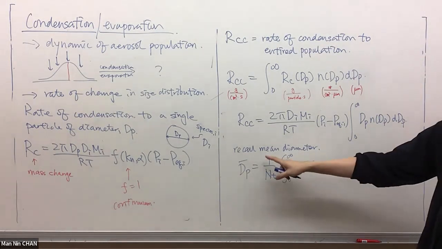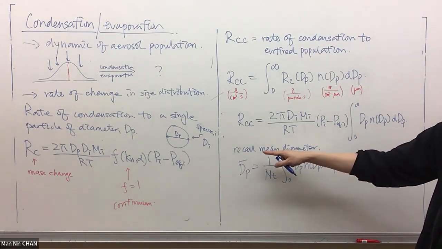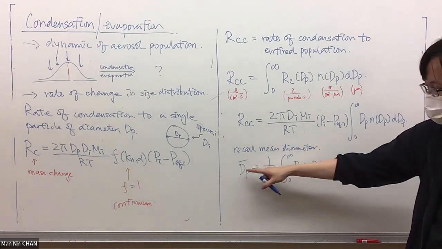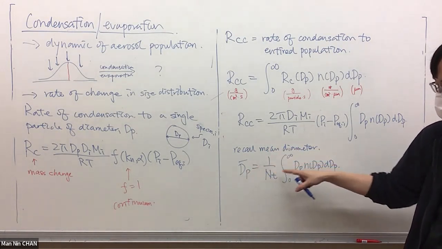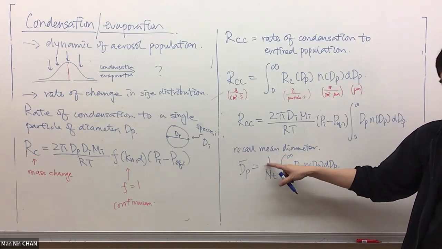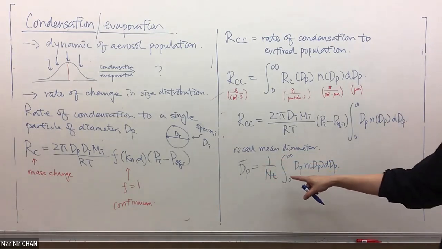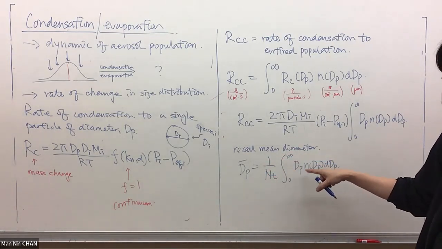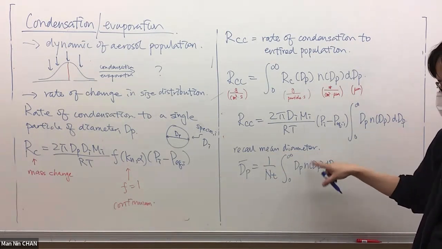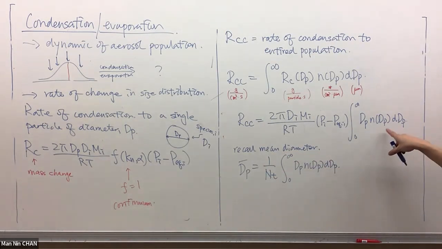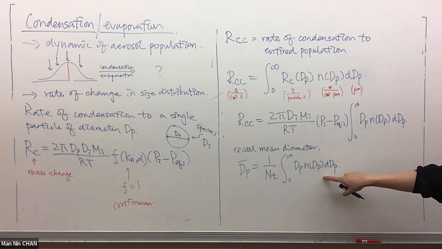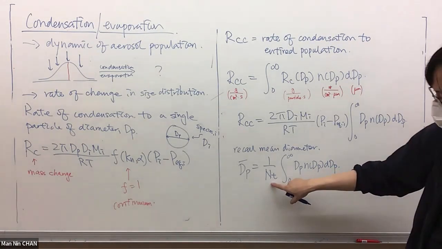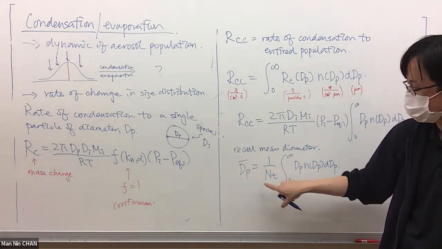You can see this is how we define or calculate the mean diameter. The mean diameter is equal to 1 over Nt, where Nt is the total aerosol number concentration, and then you take the integration of dp times the size distribution function right here. So this term just equals this term, but you need to move the Nt to the other side.